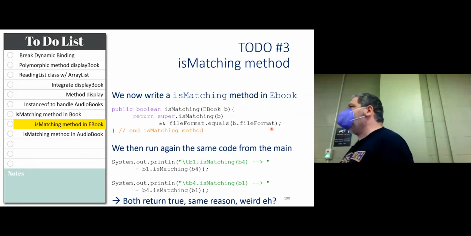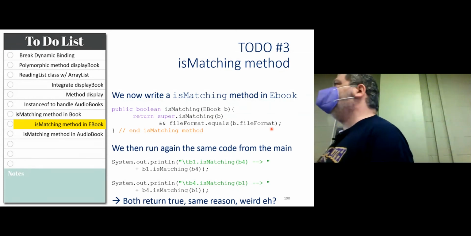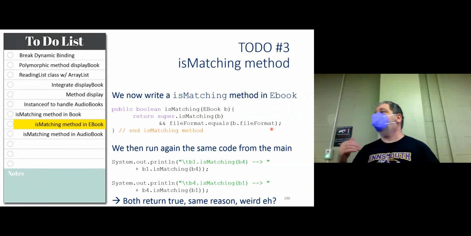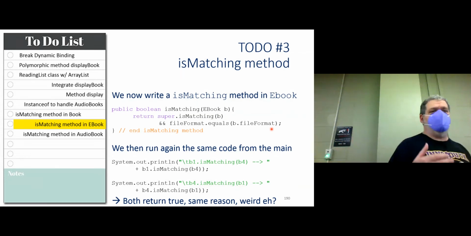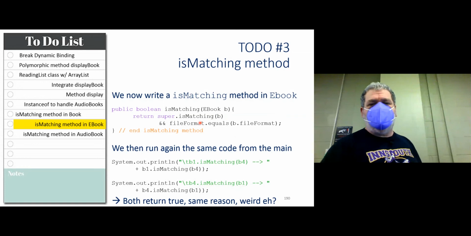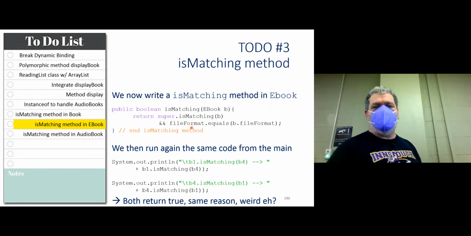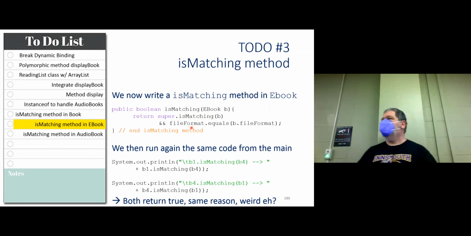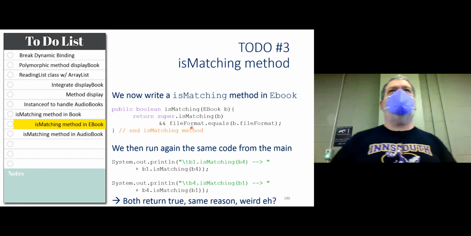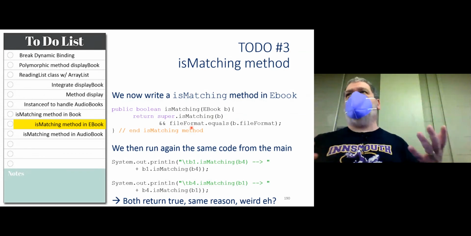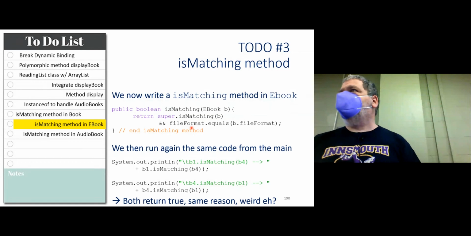We have to use dot equals here because attribute fileFormat is declared of data type String, so that's a reference data type. And we are comparing the file format from that ebook b that we're comparing ourselves to, to the file format of this ebook. If they are the same, then the whole expression is true, return true. If they are not the same, return false.